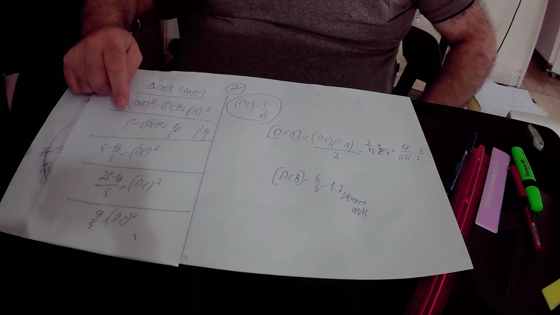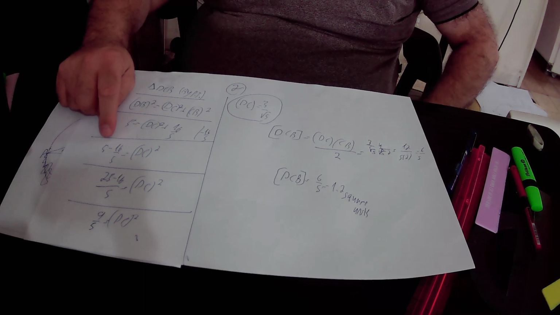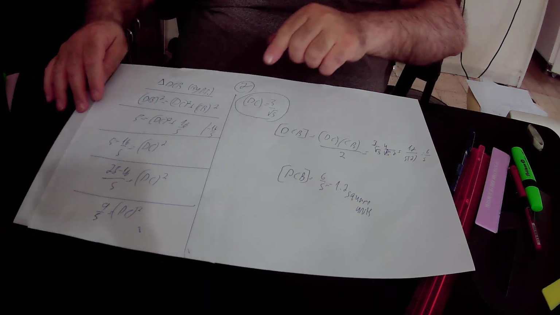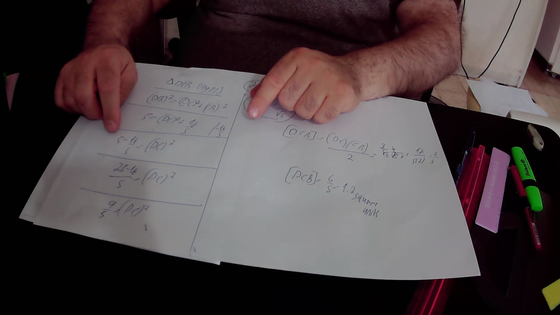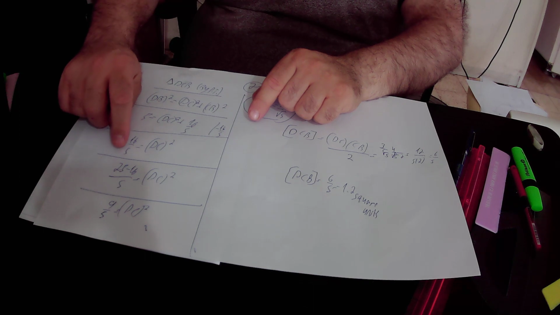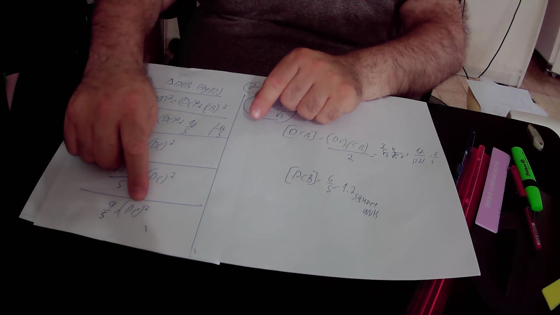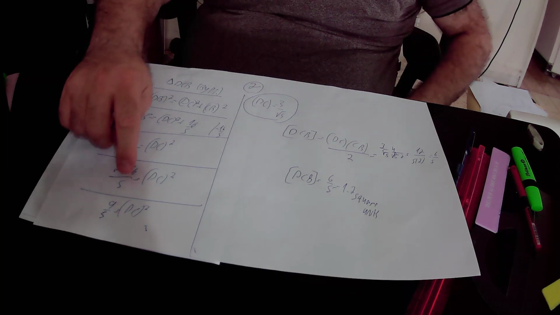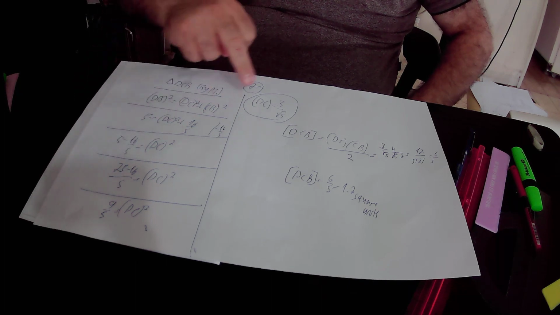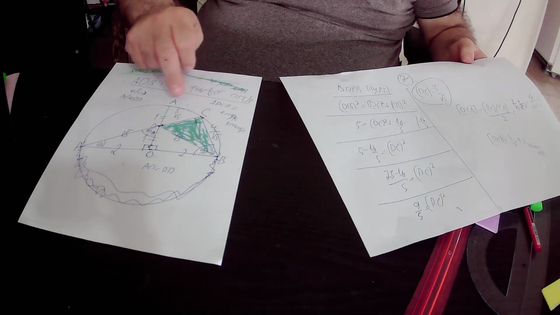We subtracted 16 fifths and found that 5 minus 16 fifths equals DC square. We multiplied 5 by 5 and then divided by 5 in order to overcome a fraction in this expression. 25 minus 16 is 9, and so we have 9 over 5 equal to DC square. We took the square root and found that DC is the square root of 9 over 5, that is 3 over square root of 5. So in conclusion, DC equals 3 over square root of 5.